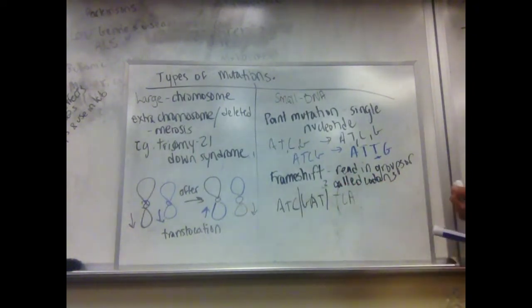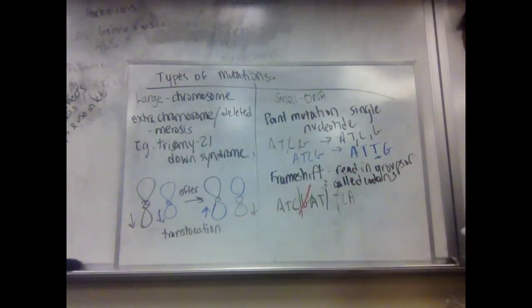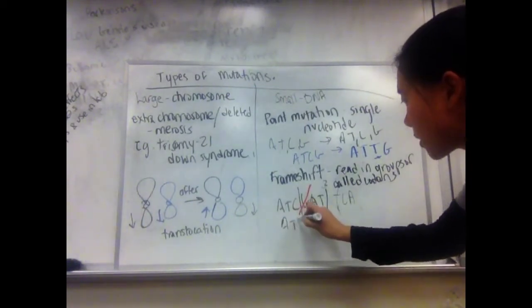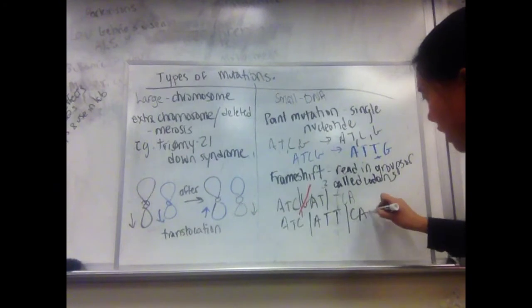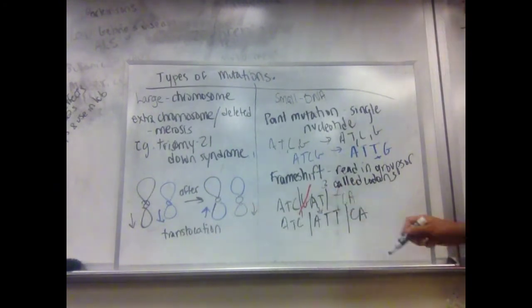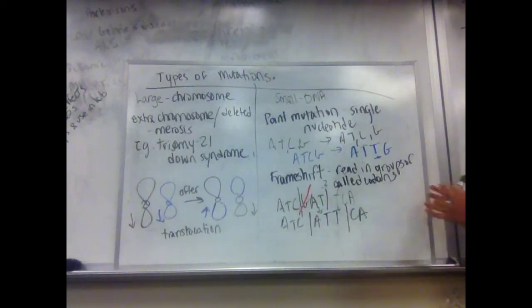If we were to delete just the G, our new sequence would now be ATC would remain the same, but now it would be ATTCA. We've caused a change right here, a frame shift, where we've read in groups of 3, the entire frame of the DNA has shifted down. And that's an example of a frame shift.